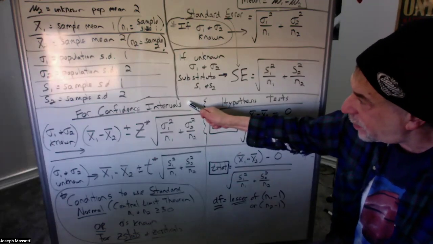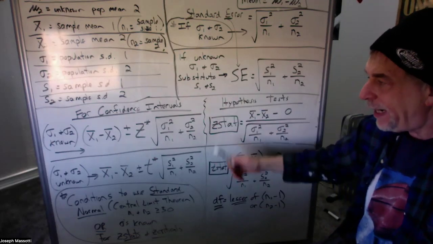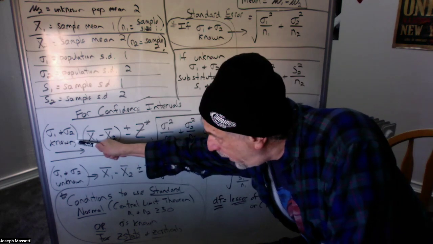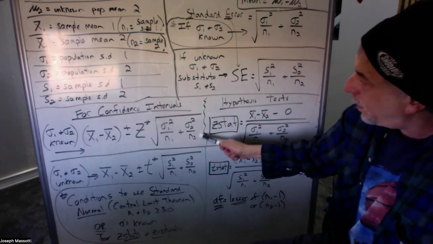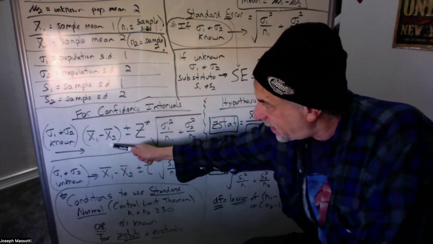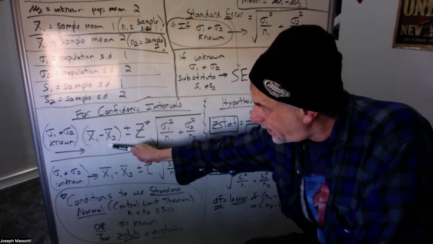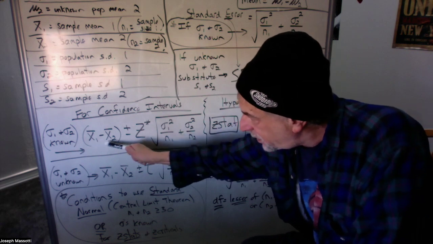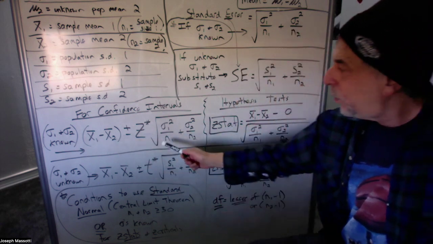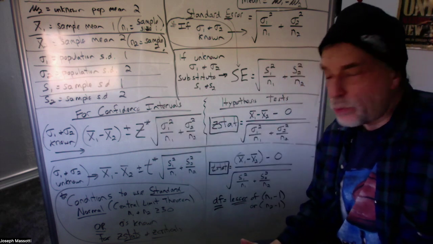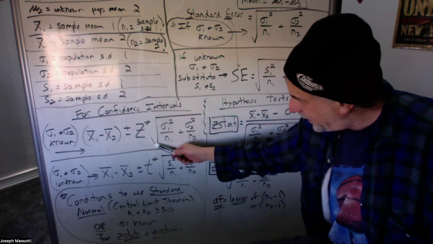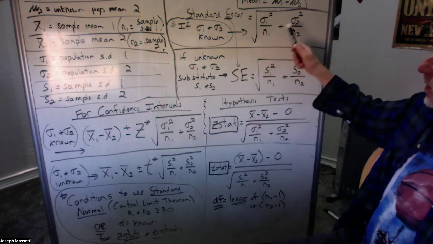So when we're talking about confidence intervals, again, two cases, right? If we know the population standard deviations, then this is going to be the form of our confidence interval. This is the center of our distribution, our point estimate, the difference between the two sample means. We use our familiar z critical values for whatever level of confidence we're interested in. And this is the standard error, which we just discussed.